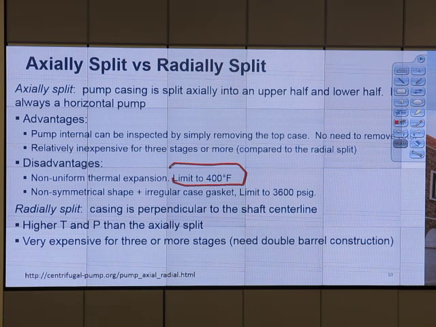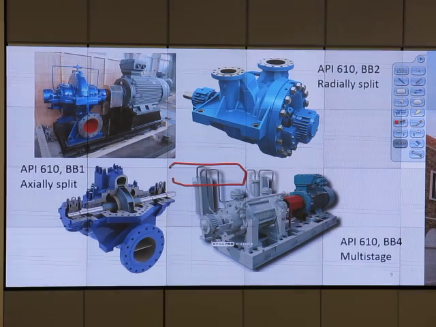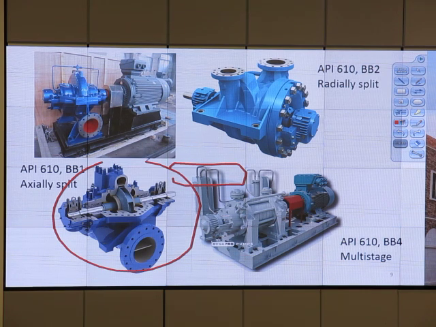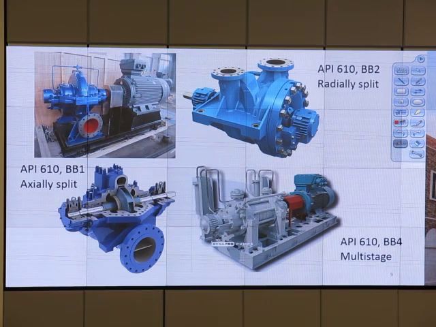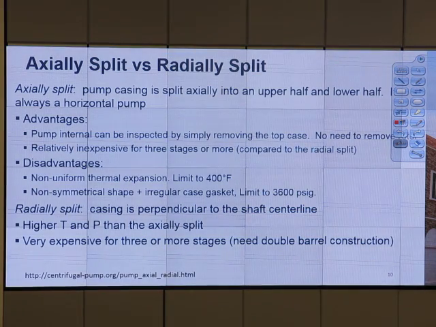If you go over this, due to the non-uniform thermal expansion, it will do something bad to the pump. So axially split, that picture, is axially split and has a temperature limit because it has non-uniform thermal expansion.